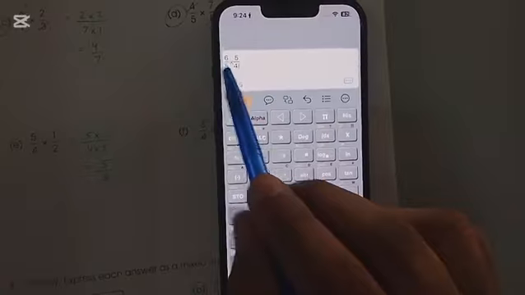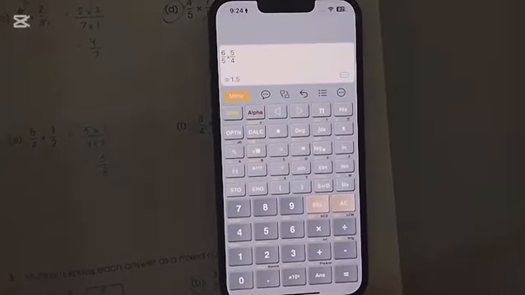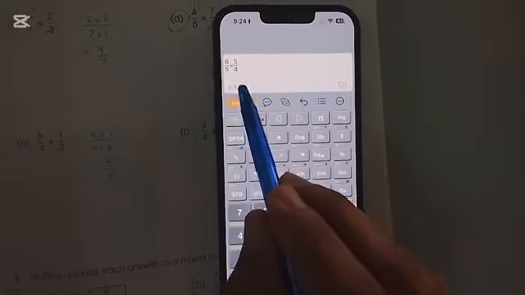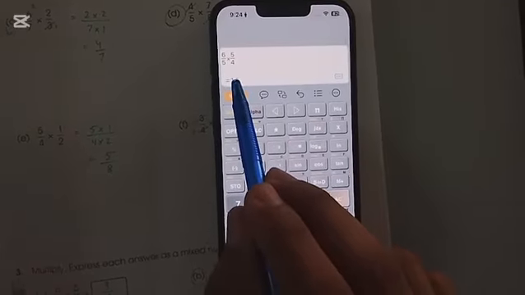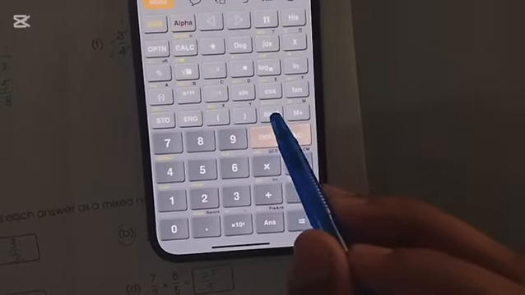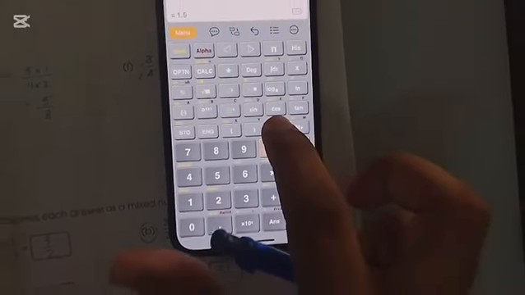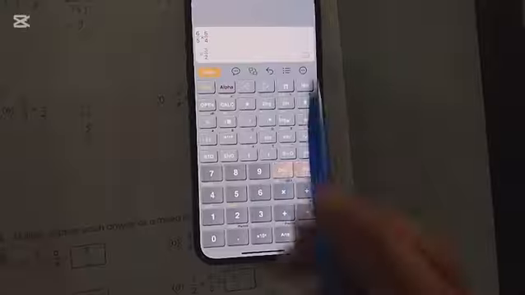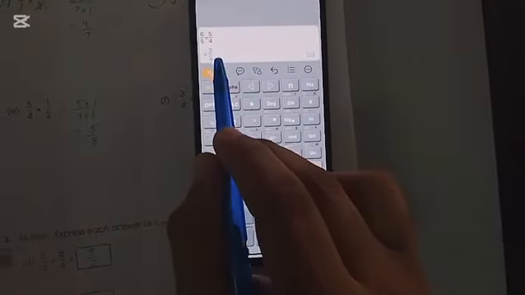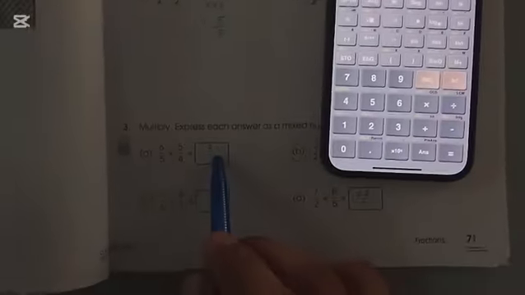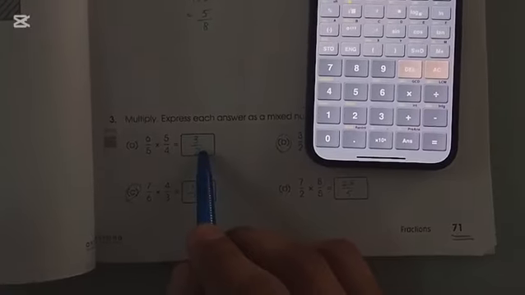So I have written this, then you press equals, and we get the answer 1.5. But we want our answer as a fraction, so we use this SD button. Click it and you will see that we get our answer as a fraction. So this is 3 by 2, which is our answer.